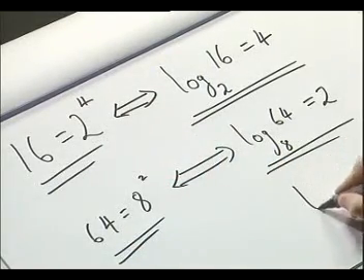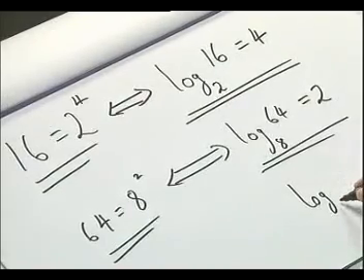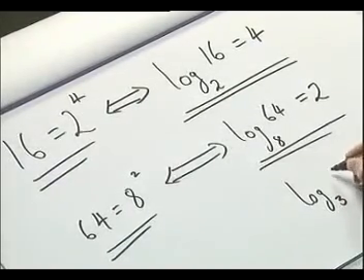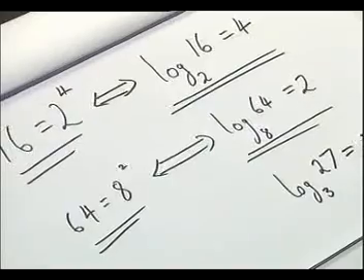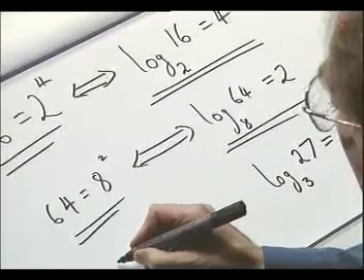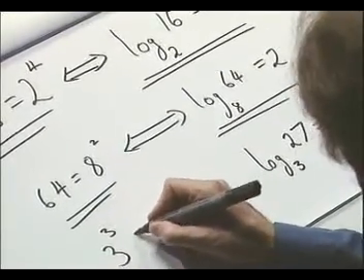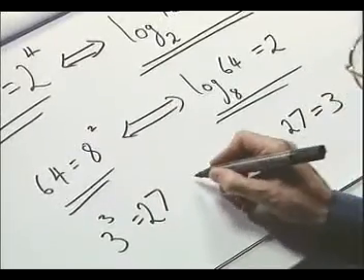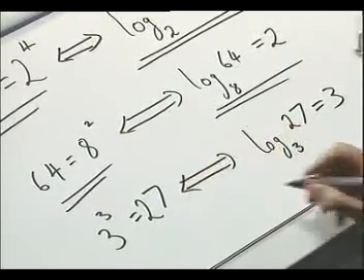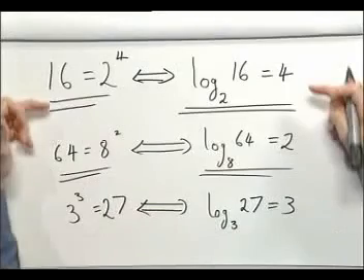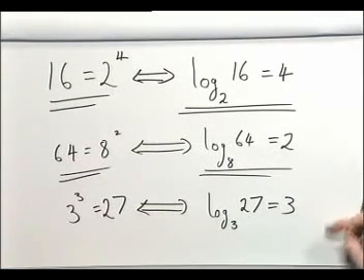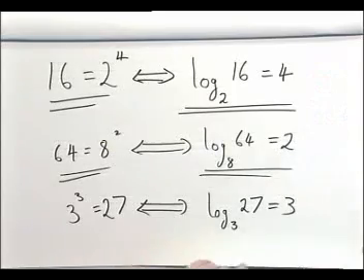So if on this side I say the log to base 3 of 27 is 3, what I am saying is that 3 to the power 3 is equal to 27. So these statements down the left here are exactly the same as these statements down the right. So we can write this down as a general statement.